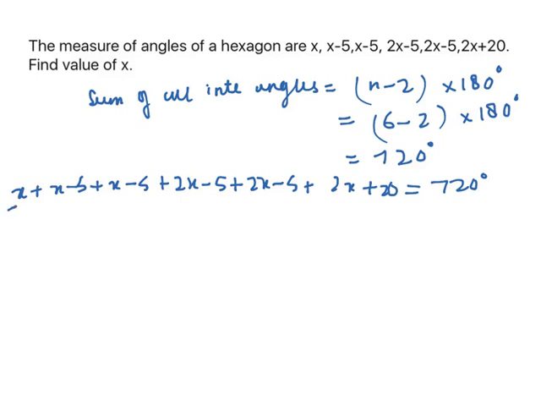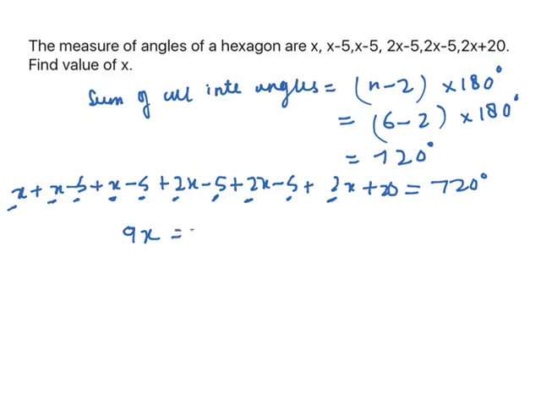Here we have 1, 2, 3 and this will give us 5, 7 and 9, so 9x. Now we will add the constant terms. Here we have 5, it will give us 10, 15, 20. We will have minus 20 and plus 20 will give us 0. So it means we will have nothing in the constant term.